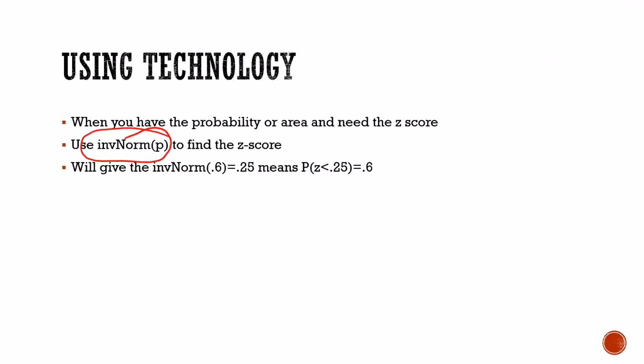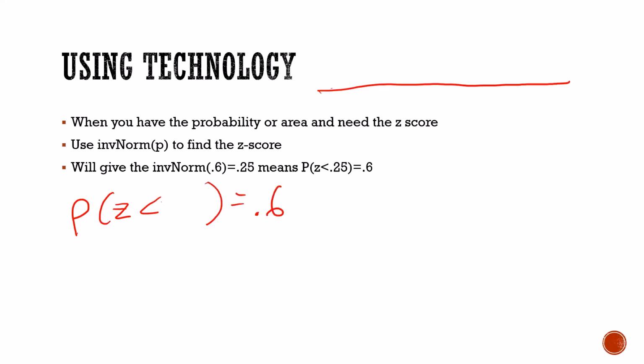If I say there's some z-score that gives us a probability of 0.6, what is this z-score? That's the question. The way to do this in your table would be to hunt for the number that's closest to 60%, 0.6.